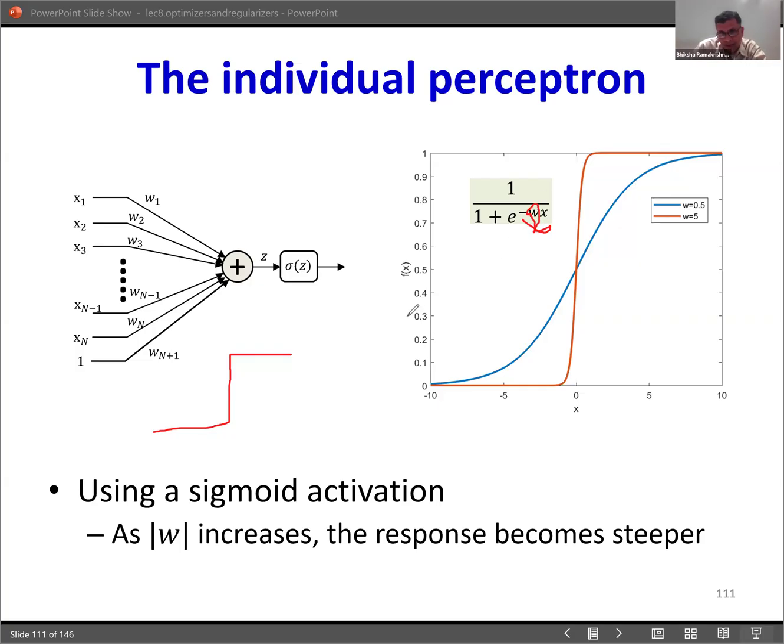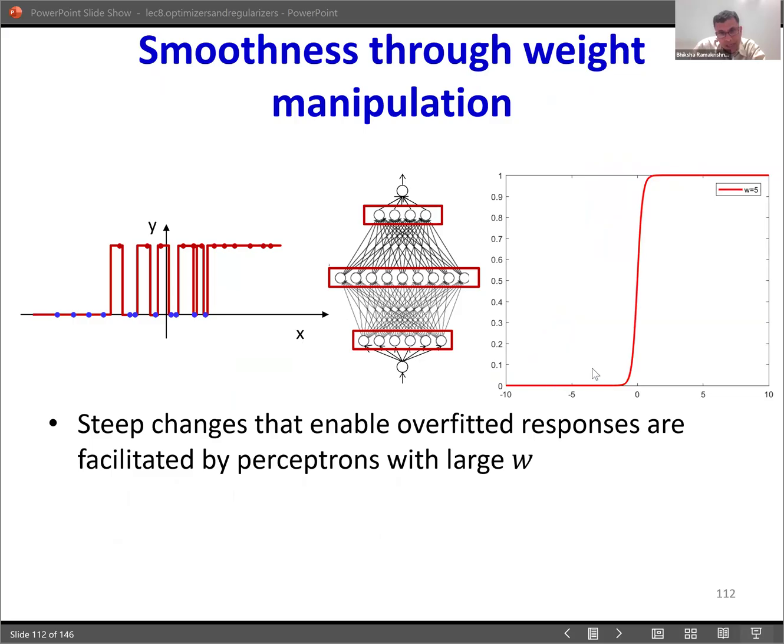Is this making sense over here? And so, because of this, if the sigmoid is allowed to rise in an unconstrained manner, and this is true of any activation function, now the individual neurons are able to rise and fall very sharply. And that enables learning of this kind of a function, which doesn't make a lot of sense.